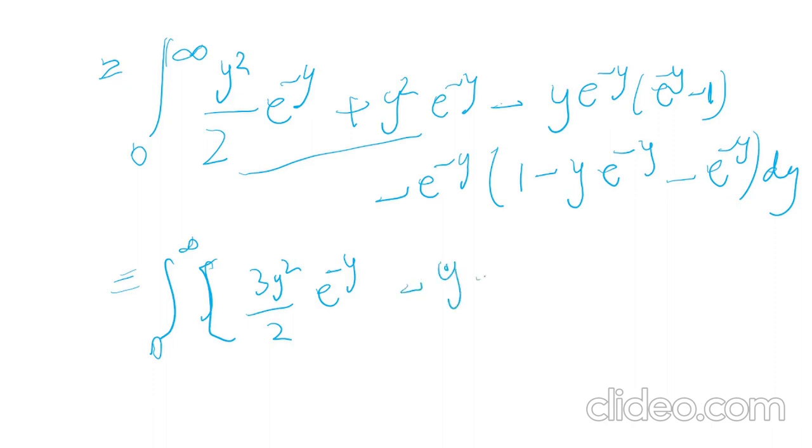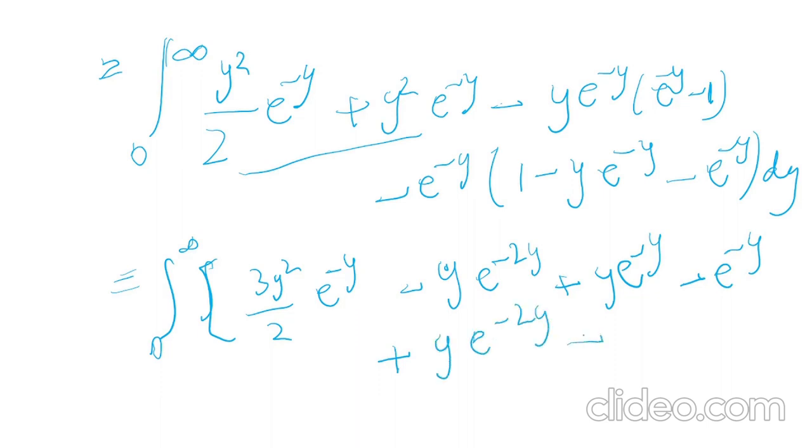So y e to the power minus 2y plus y to the power minus 5, minus e to the power minus 5, plus y e to the power minus 2y and then plus e to the power minus 2y dy. So this and this will cancel out. So we will be left with these equations.